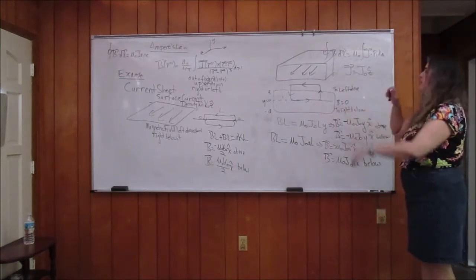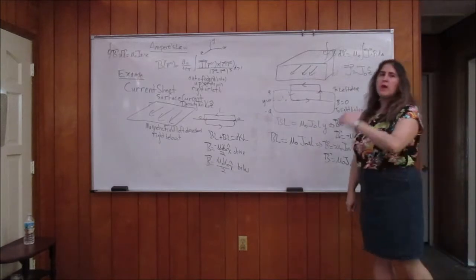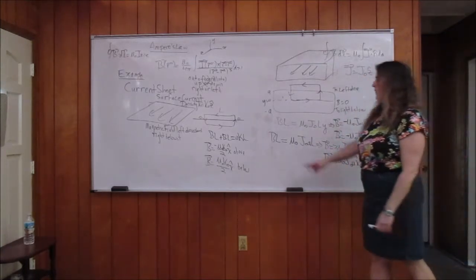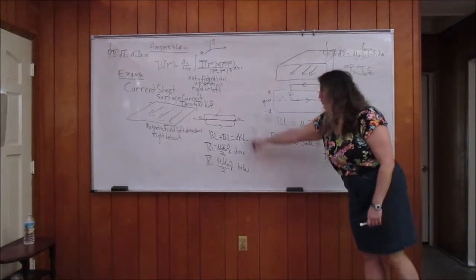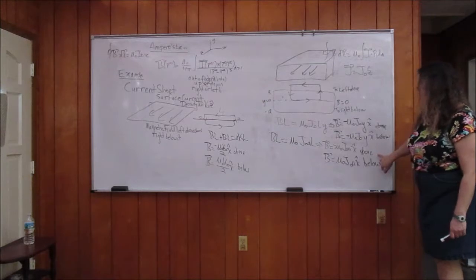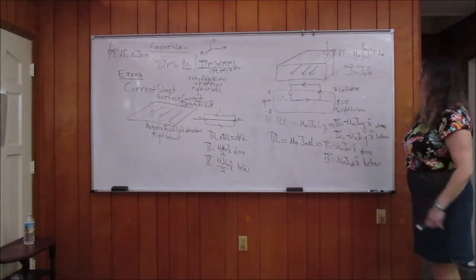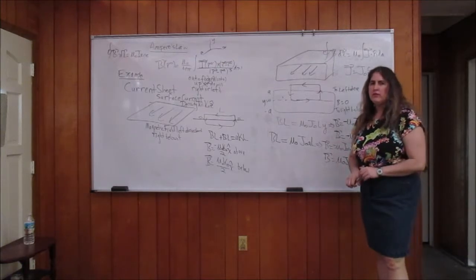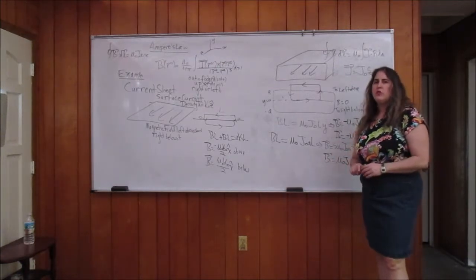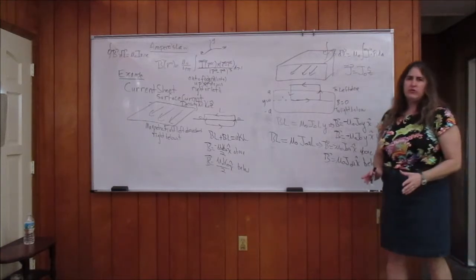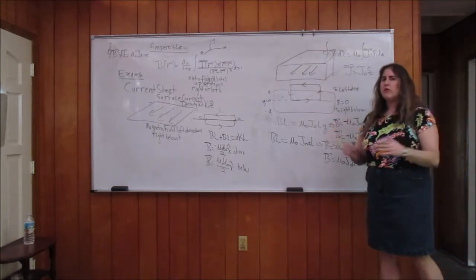Notice in both of these examples, it doesn't matter how far away you get from the current sheet or current slab, the magnetic field has the same value. In other words, it's constant everywhere above and below the sheet, and constant everywhere outside of the slab. That should sound familiar to you. When you think back to charge sheets, which we discussed in electrostatics, the electric field had constant magnitude everywhere above and below it.